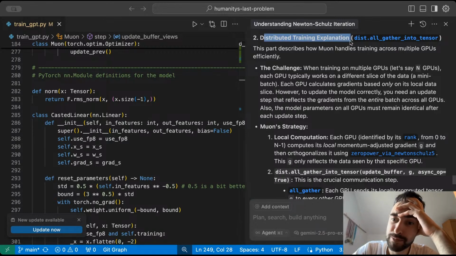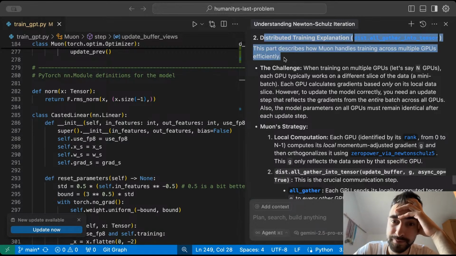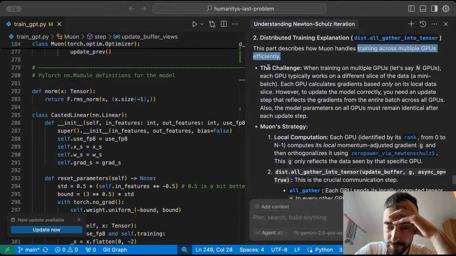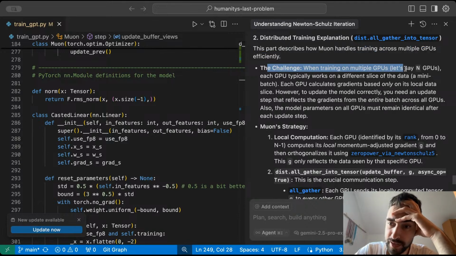Okay, distributed training explanation. This is the last thing for Muon. This part describes how Muon handles training across multiple GPUs efficiently. The challenge: when training on multiple GPUs, let's say n GPUs, each GPU typically works on a different slice of the data, a mini batch.